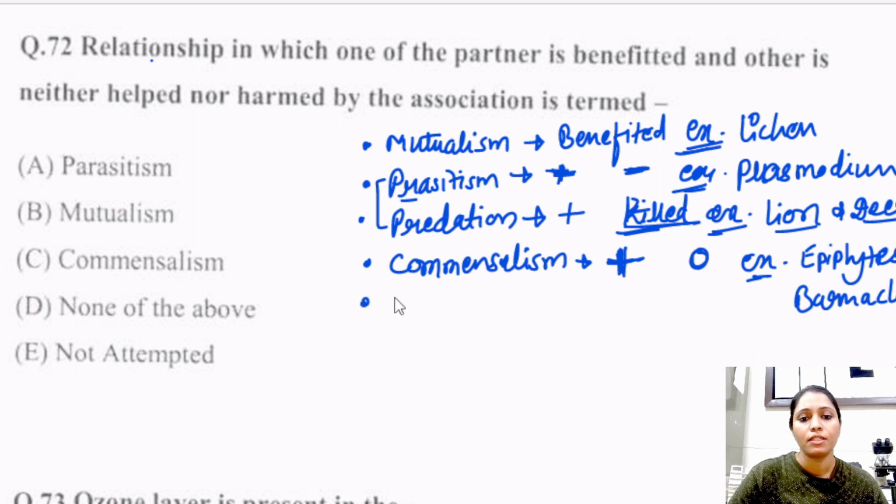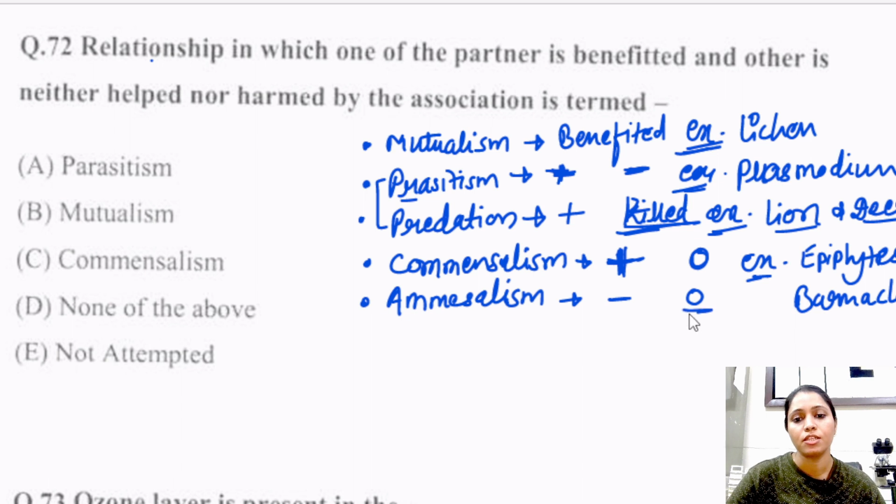Opposite to commensalism is amensalism. In this relationship, one partner is harmed and another is not helped or not harmed. It means this is neutral.